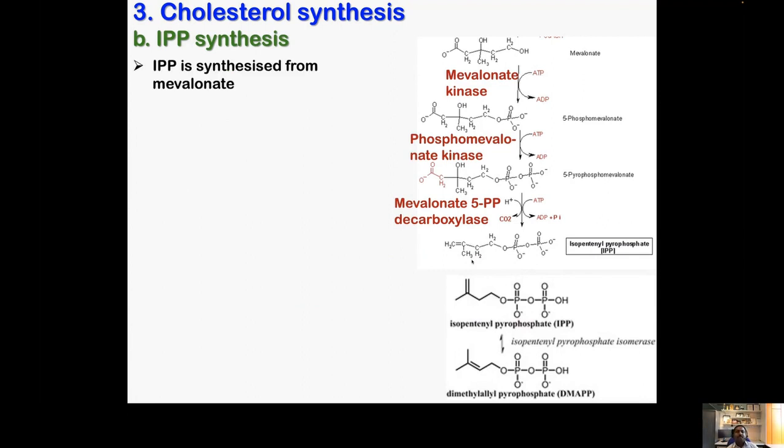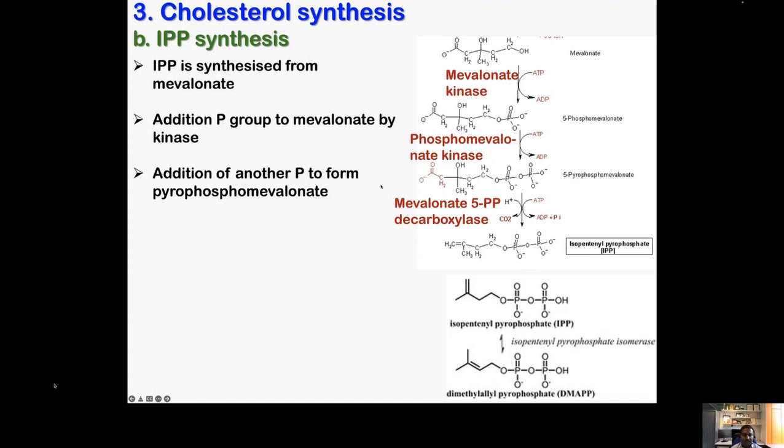Now, the next step is IPP synthesis. IPP is isopentenyl pyrophosphate. Using mevalonate, IPP is going to be produced. Again, there are a couple of steps here. First, the mevalonate kinase enzyme comes in and adds phosphate groups to mevalonate. First it adds one phosphate group and then another phosphate group, producing pyrophosphate mevalonate.